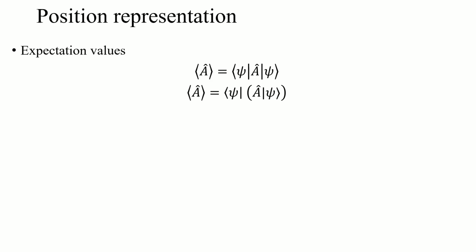Basically, we're just converting these all into the position representation. So that bra becomes the complex conjugate of the wave function describing that state. The operator becomes the operator in the position representation, and the state ket becomes that wave function. And because it's in bra-ket notation, we integrate over all space to get that expectation value.